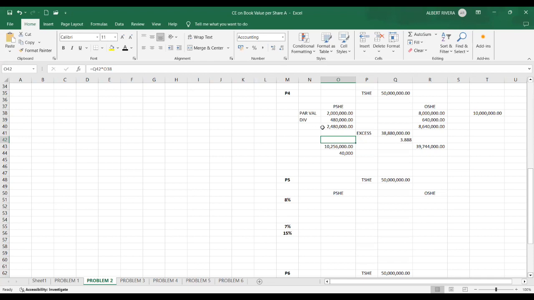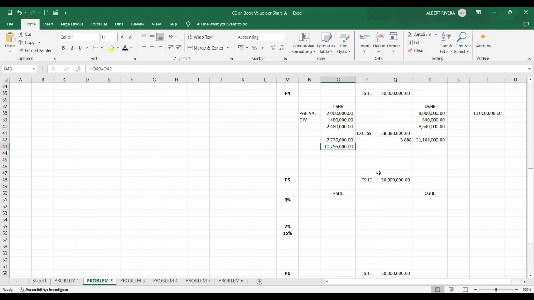Allocated amount natin. So 3.88 times 2 million. This is the allocated amount, 7.77. And 3.88 times 8 million. So this is the allocated amount, 31.104.